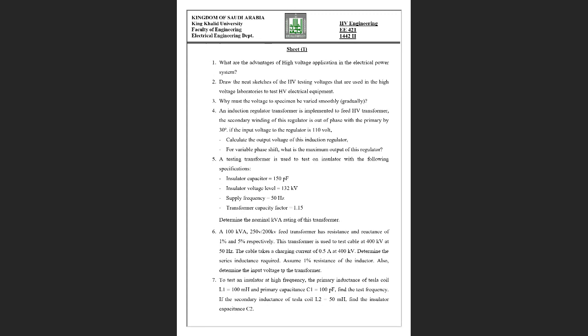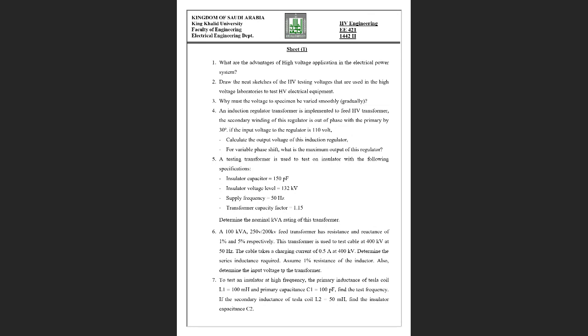For a better explanation, you can refer to your theory lectures. And coming to the second question, what are the different HV testing voltages that are used in the high voltage laboratories?